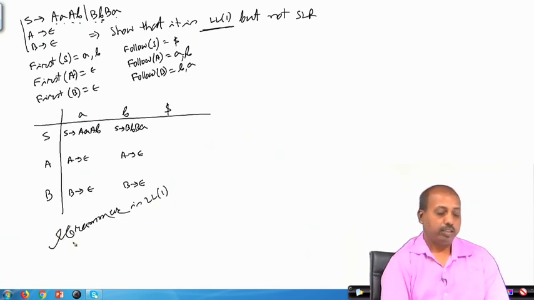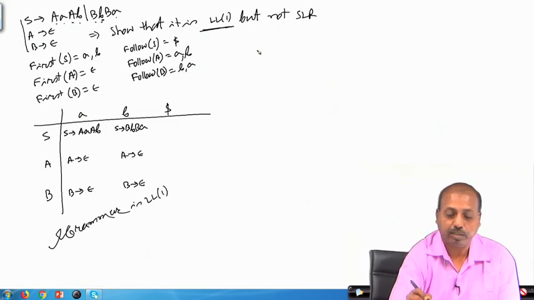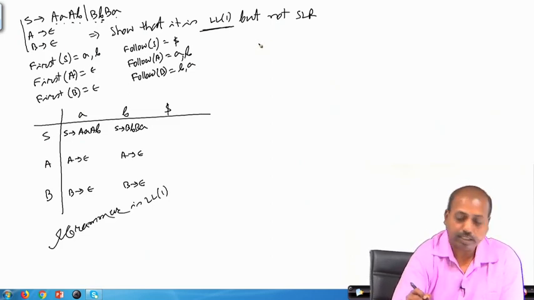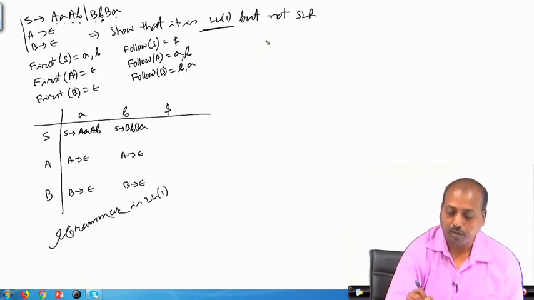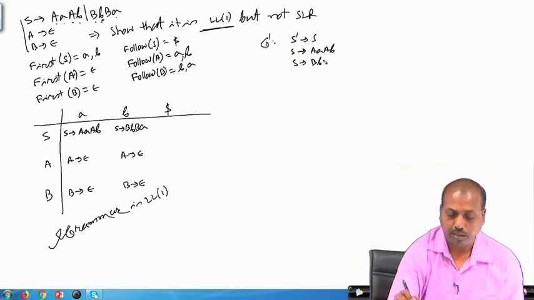Now, what about the SLR case? For constructing the SLR parsing table, we first augment the grammar. So, we get the augmented grammar G dash as S dash producing S, S producing A B, S producing B A, and A producing epsilon, B producing epsilon.